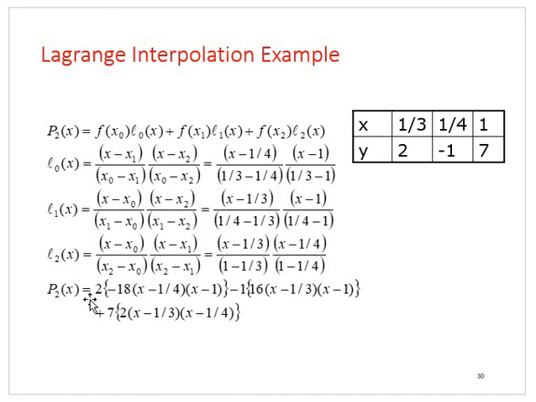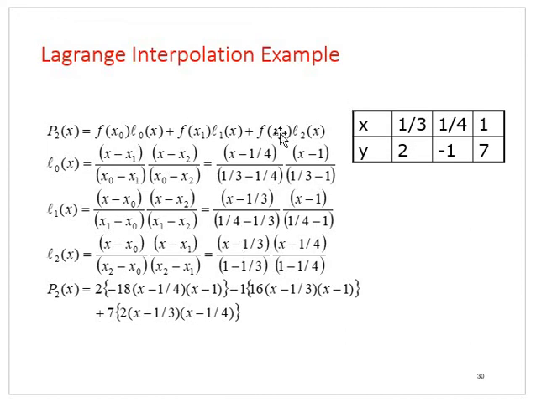So your P2 will be given by f of x0, which is 2, times this polynomial, plus f of x1, which is minus 1, times this polynomial, and so on, plus 7 times this polynomial.